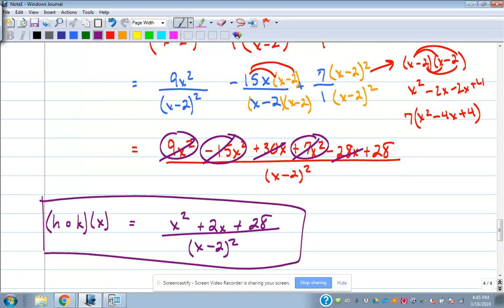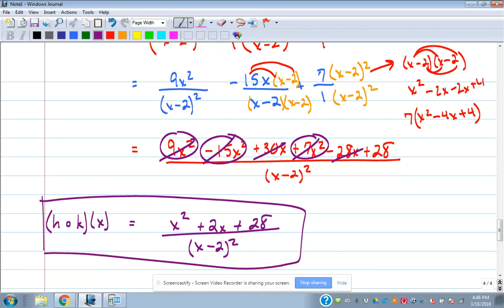Fun stuff. And we found the domain already. We knew the domain could not be 2. Look at the denominator of a composite function. It's obvious that x can't be 2 because it would give us 0 down there. Even though it's squared, it doesn't matter. Okay. All right.